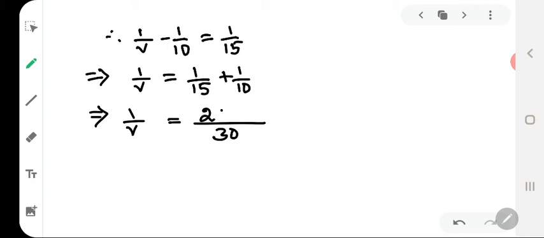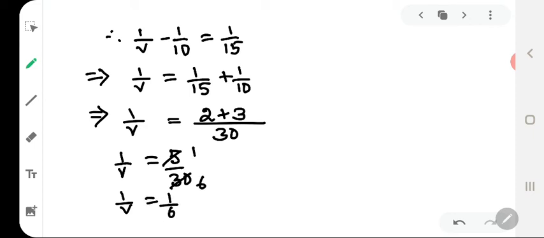In solving you get 2 plus 3. So 1 by v is equal to 5 by 30, which you can cancel, it's equal to 1 by 6. That shows that v is equal to plus 6 centimeter. Thus, the position of image is 6 centimeter behind the convex mirror.